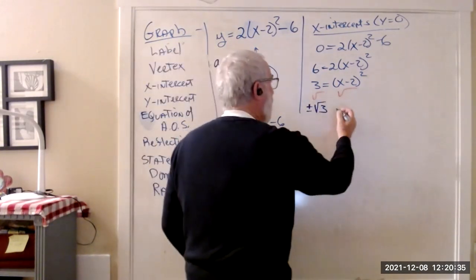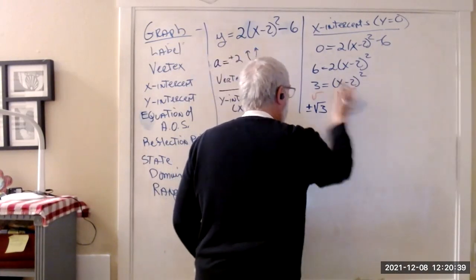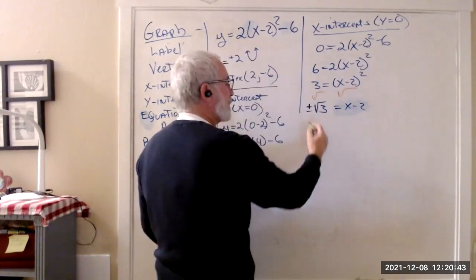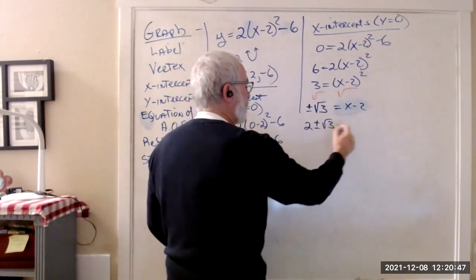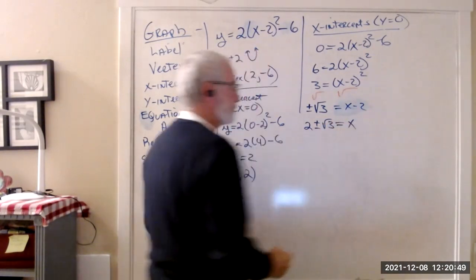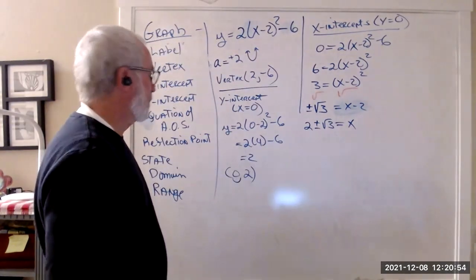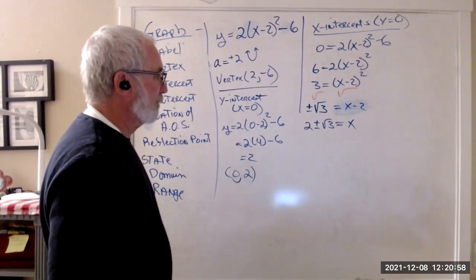Okay, and here we get plus or minus the square root of 3 equals X minus 2. So add 2 to both sides, and we get a final 2 plus or minus the square root of 3 equals X. Okay, the rest of this I can do after the graph.